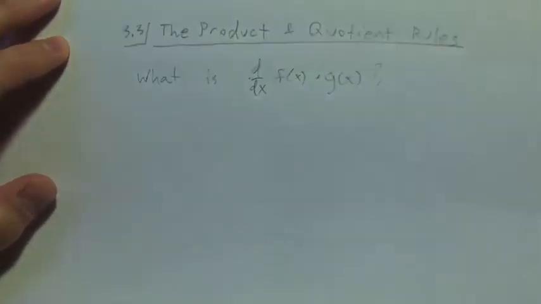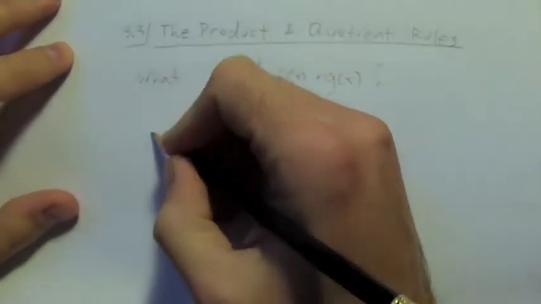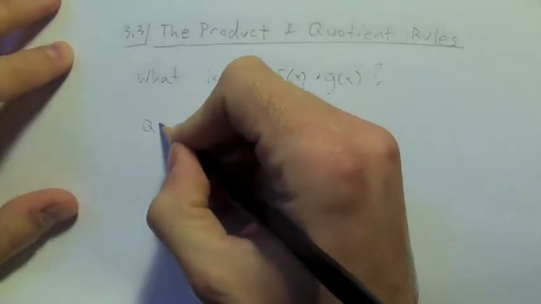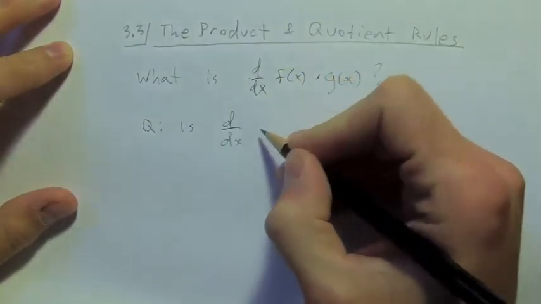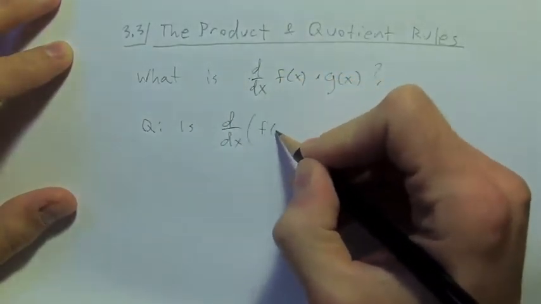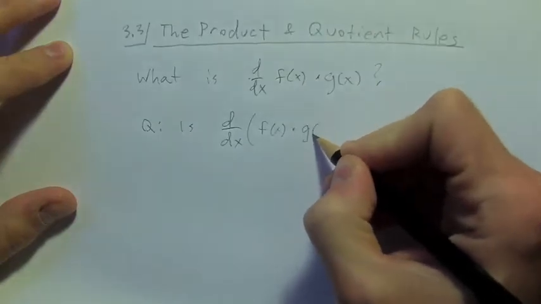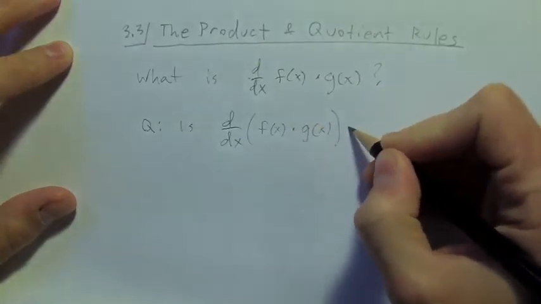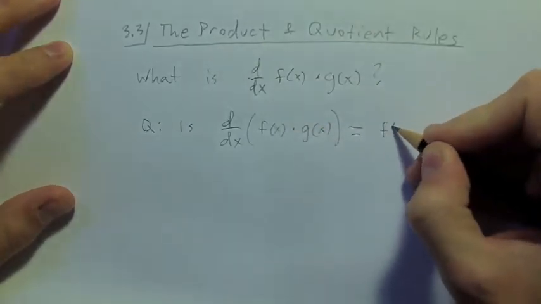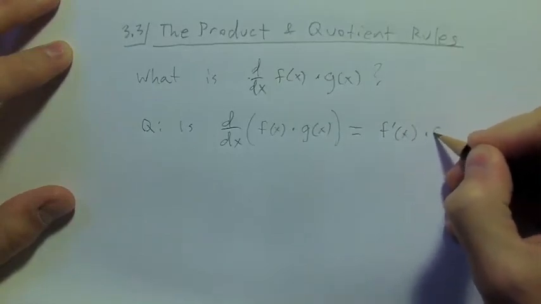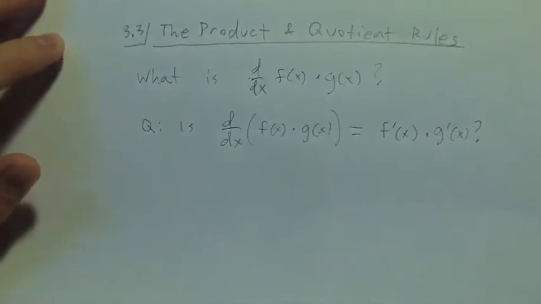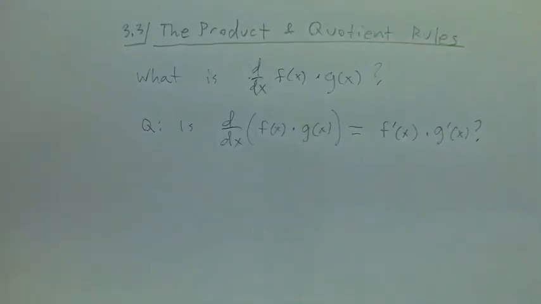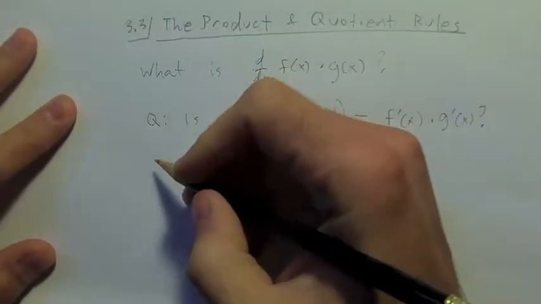And the natural question is, is the derivative with respect to x of the product f of x times g of x actually equal to f prime of x times g prime of x? Okay. And the answer is, of course, no.